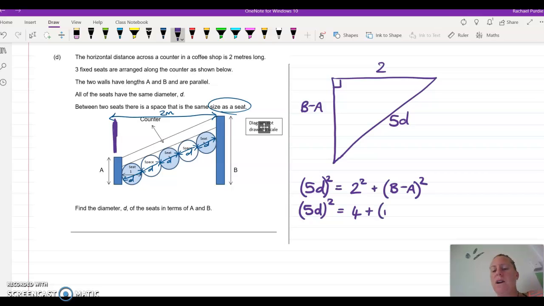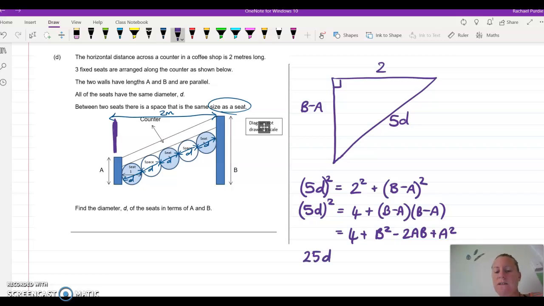So we can write that as 4 plus b minus a, squared, which equals 4 plus b squared minus 2ab plus a squared. So 25d squared, just dealing with that, getting rid of the brackets now, equals 4 plus b squared minus 2ab plus a squared.